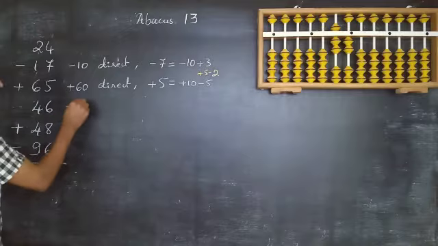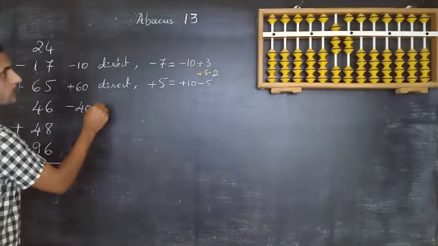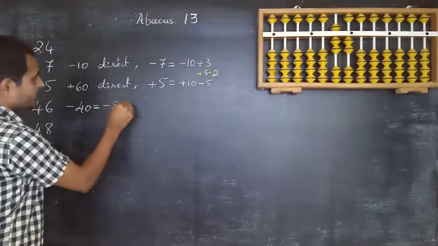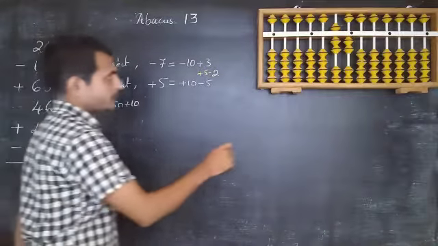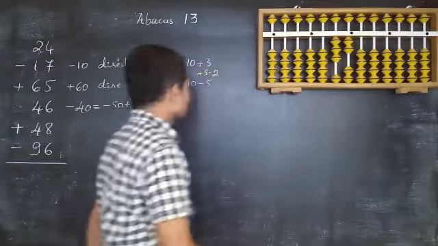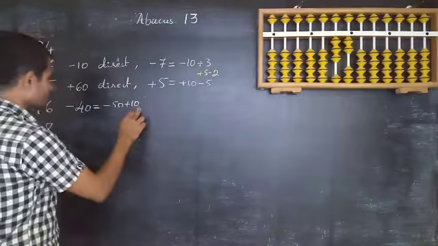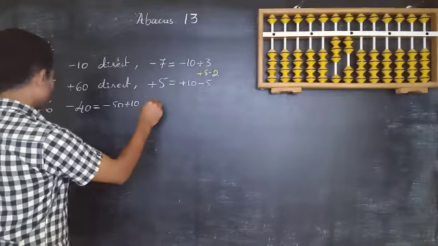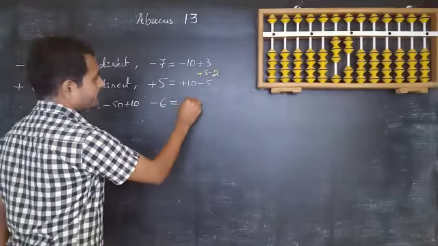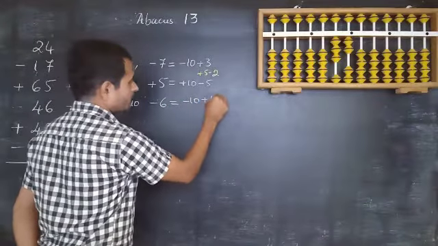Minus 46: minus 40 is equal to minus 50 plus 10. Minus 6 is equal to minus 10 plus 4.